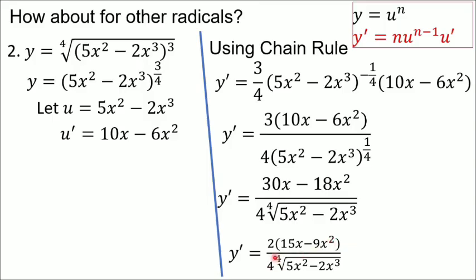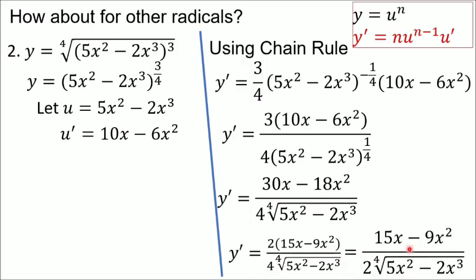And then from here, we can cancel 2 here and 4 here because it can be divided by 2. So, this 2 will become 1. This 4 will become 2. Parang 2/4 ay magiging 1/2. So, the final answer will be 15x minus 9x squared all over 2 times the 4th root of 5x squared minus 2x cubed.